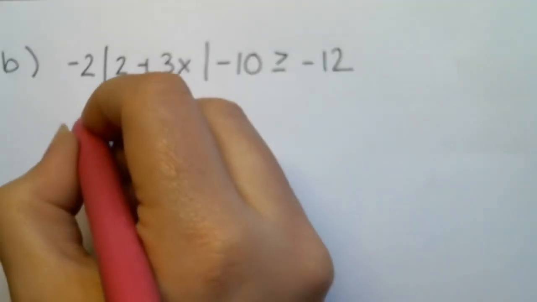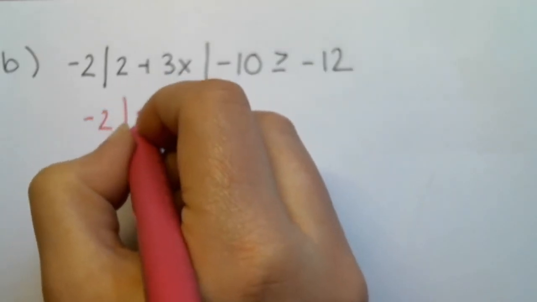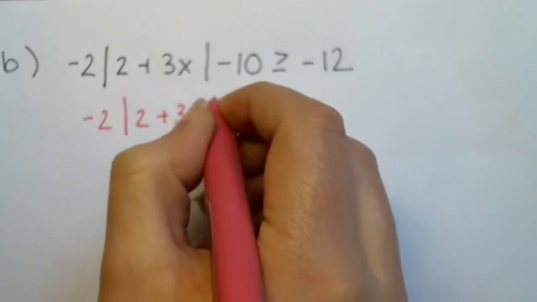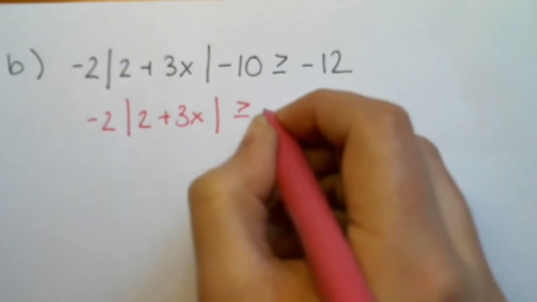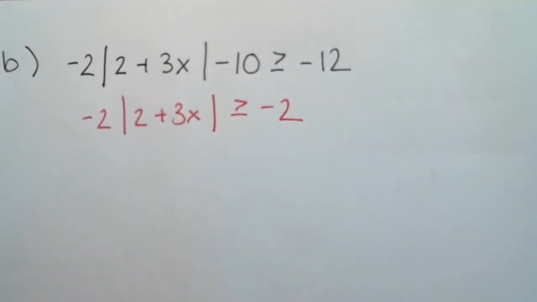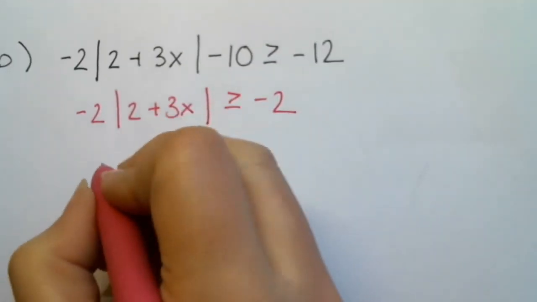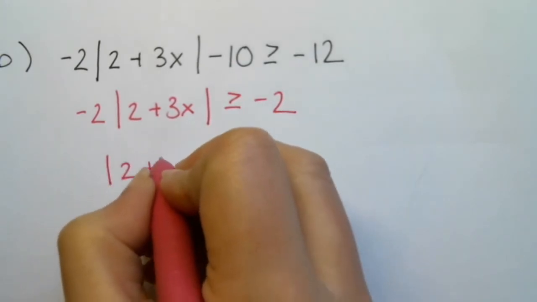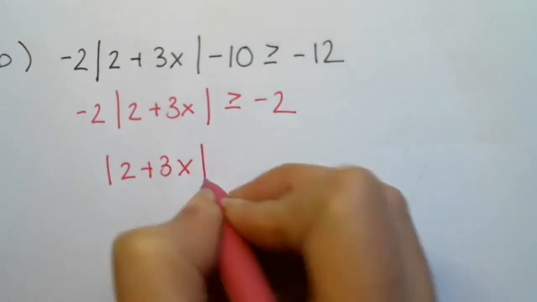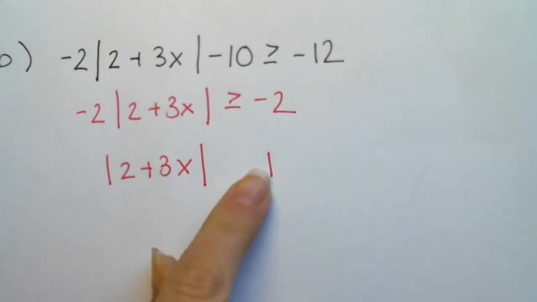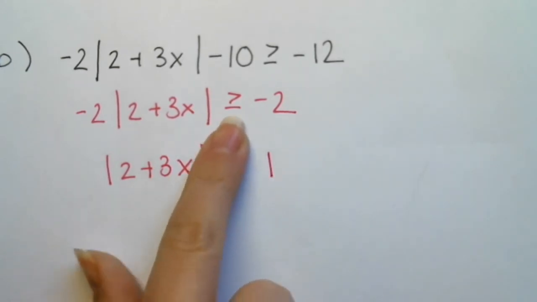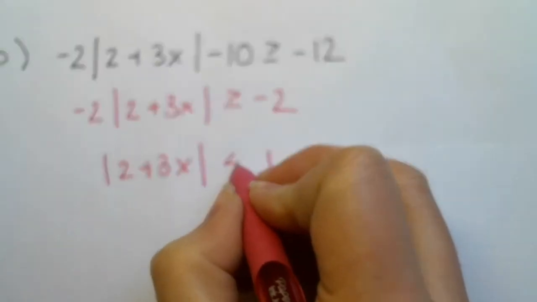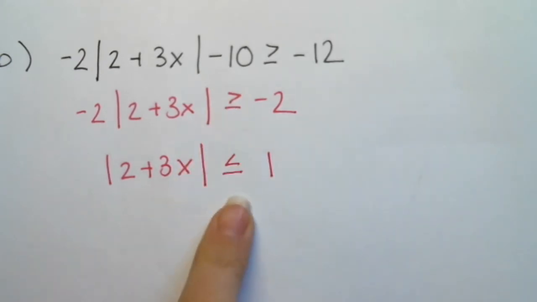So I'm going to add 10 to both sides. And then I'm going to divide both sides by -2. Now remember, because I'm dividing by a negative number, I'm going to change the inequality symbol. And this is because I divided by a negative number.